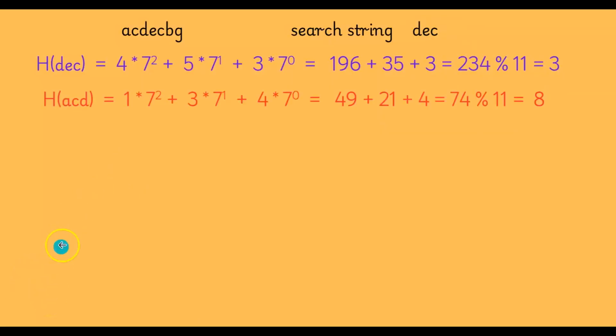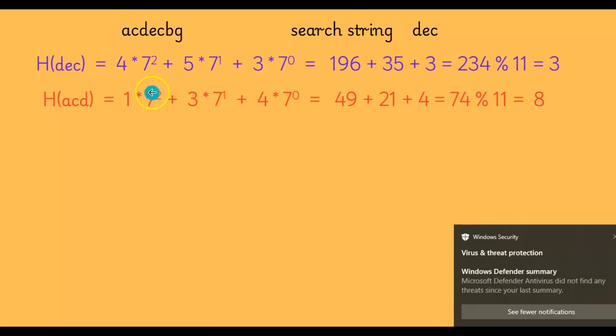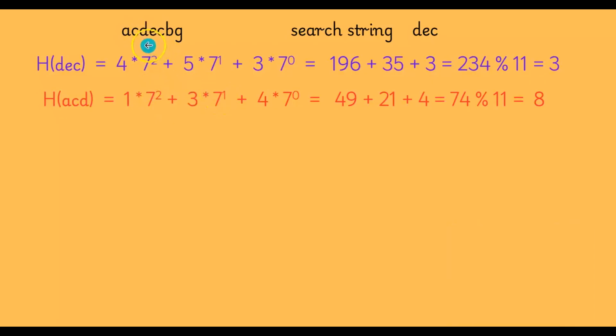Now you find the hash value of the first 3 characters, ACD. What is the value of A? 1. Okay, so 1 into 7 square plus, what is the value of C? 3, so 3 into 7 to the power of 1. What is the value of D? 4, so 4 into 7 to the power of 0, and the result we are getting is 74. You find the modulo value with prime number 11.